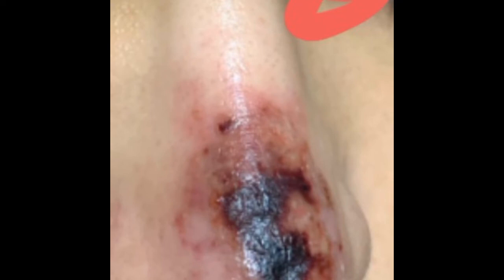In other words, the thrombus that was made by an injected filler in the nasolabial area moved toward the nasal area and obstructed some branches here. And this was the end result of obstruction.